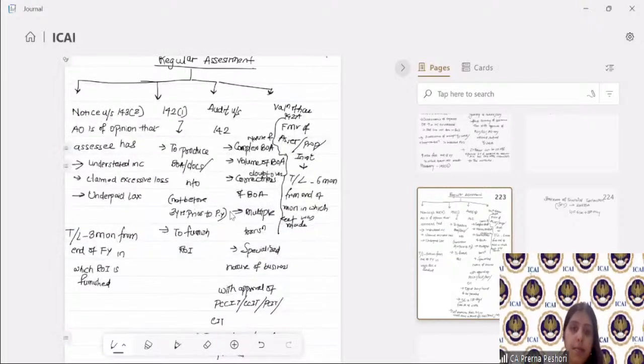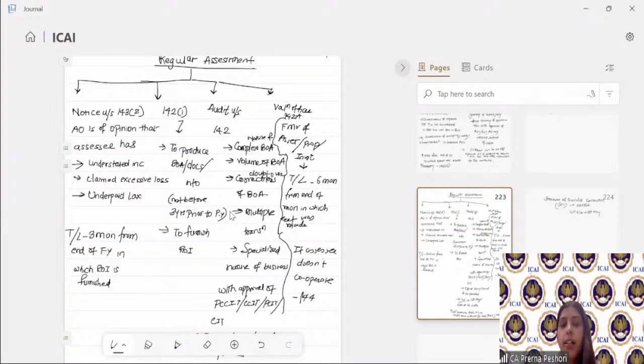Is that clear? If assessee doesn't cooperate, it will be 144 assessment, best judgment. Clear?